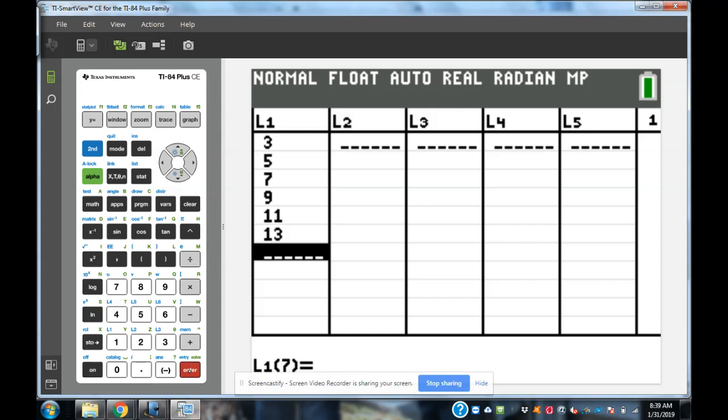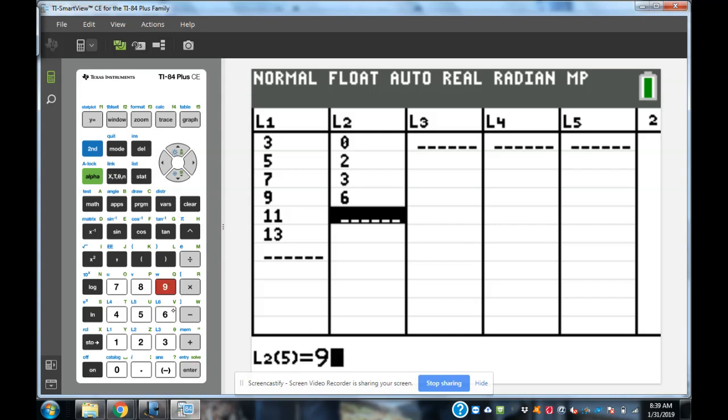All right. And then I press the right arrow key and get into list 2, and I'll put the Y value that goes with it. Make sure you're pairing it with the correct X value. So 0, 2, 3, 6, 9, and 11.